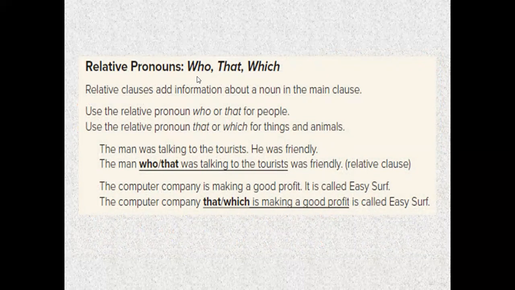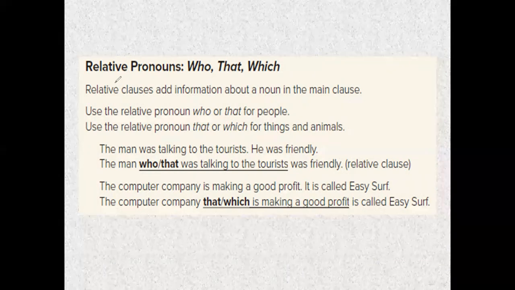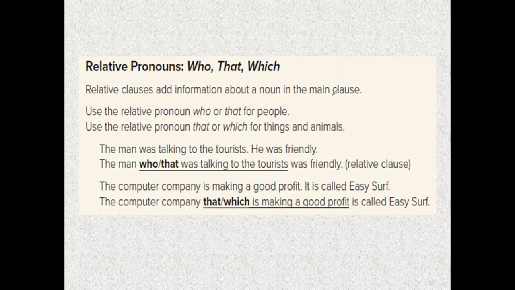Relative pronouns who, that, or which. Relative clauses add information about a noun in the main clause. We use the relative pronoun who or that for people, and we use the relative pronoun that or which for things and animals.